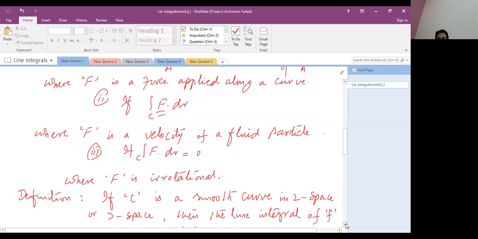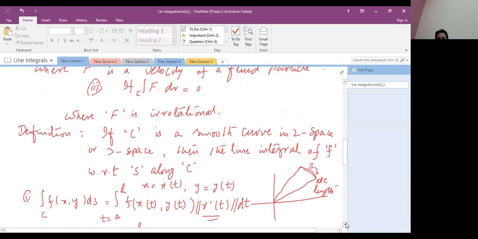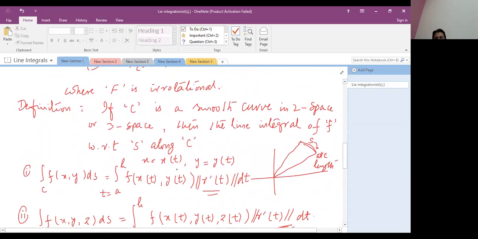Now there are some definitions. According to the definition, there are 4 cases. How can we find the line integral? Now definition one: if C is a smooth curve in 2 space or in 3 space, then the line integral of f with respect to s along C, where s represents the arc length.